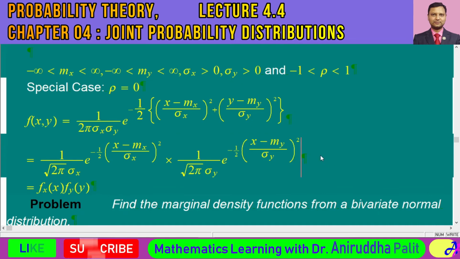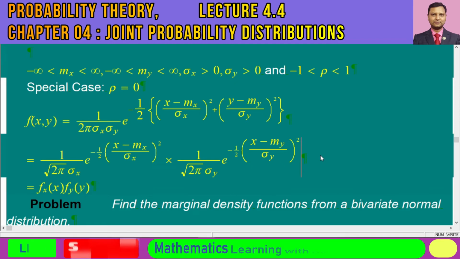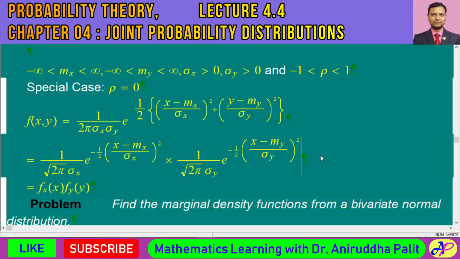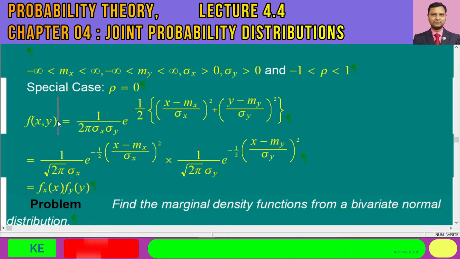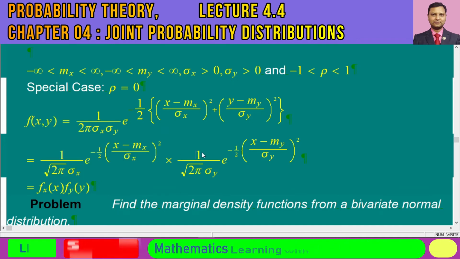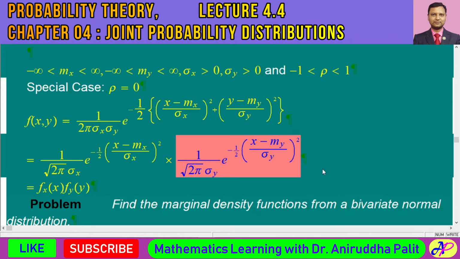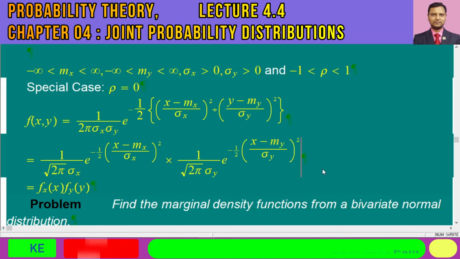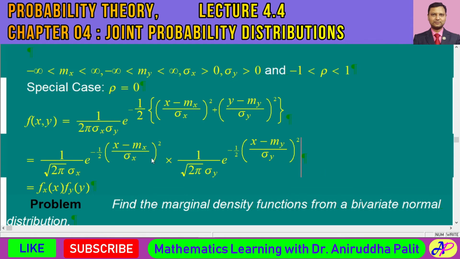And I told you earlier that two random variables, capital X and capital Y, are independent if and only if the probability distribution function can be written as the product of a function of x alone and a function of y alone. The same result is true for the probability density function as well.